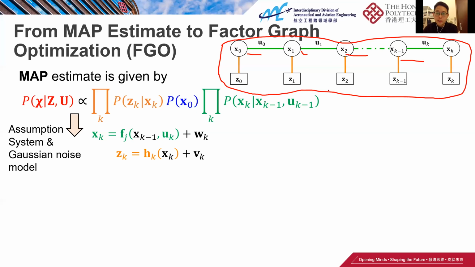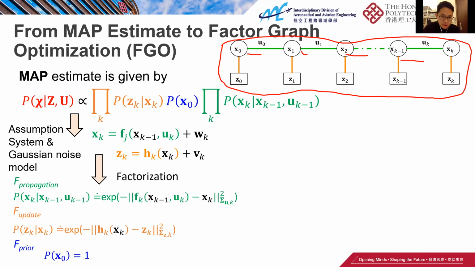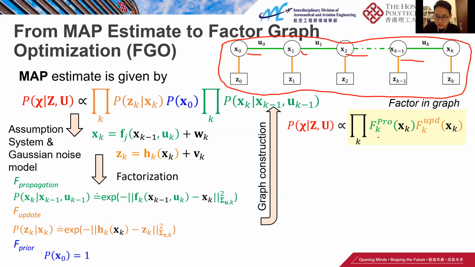In other words, if you're using batch, it's more or less like a snapshot estimation, meaning that the time correlation effect inside the model is already being coped with by the error function, with the factors here. So we do believe that with the features of FGO, this is one way that we can do snapshot positioning, and this snapshot positioning can be used for integrity monitoring later.